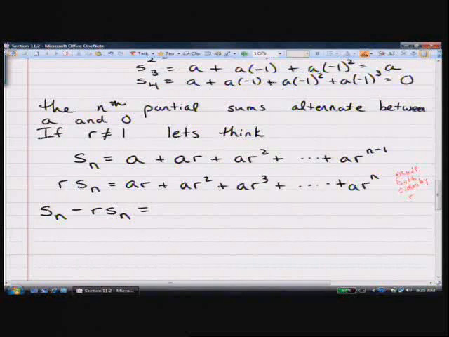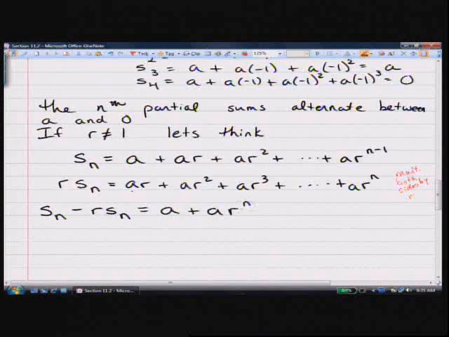Do you see how this AR and AR will cancel, and AR squared and AR squared will cancel, and then the AR cubed and AR cubed would cancel. And all that would be left is the first term, which is A, and then this last term, which is A times R to the n.